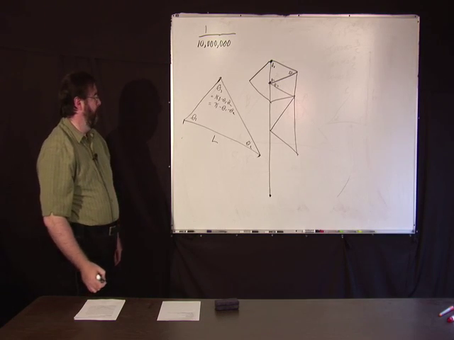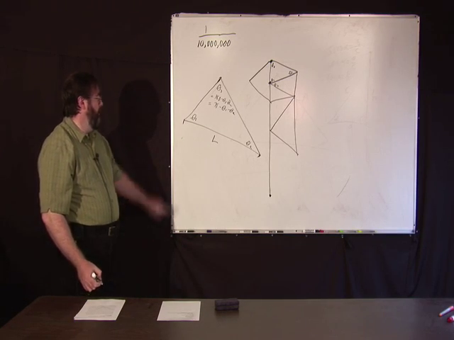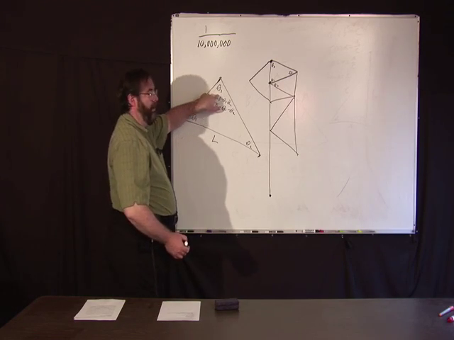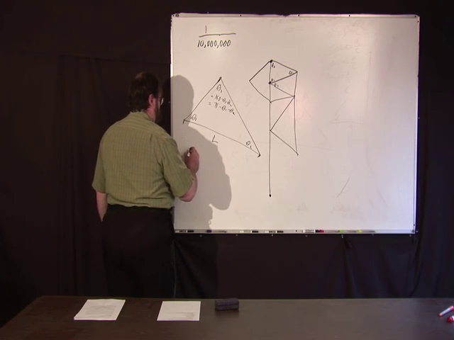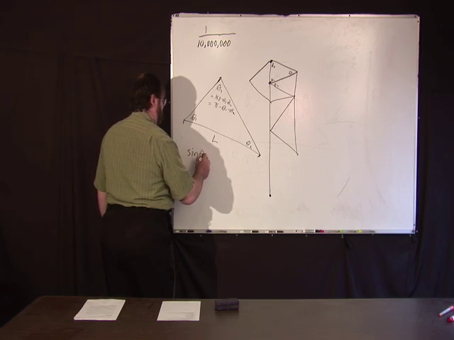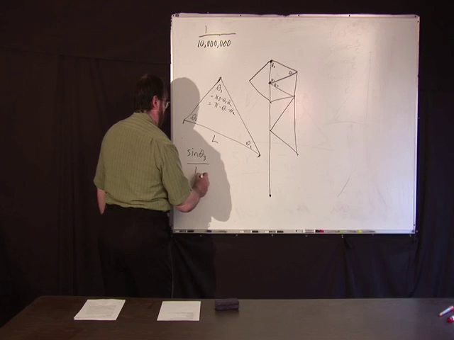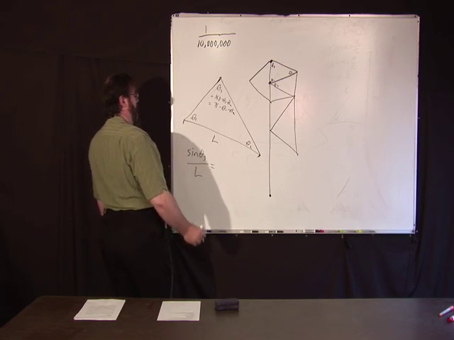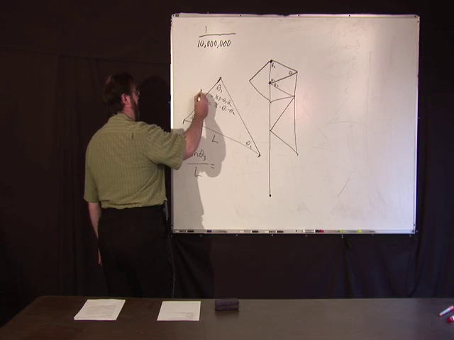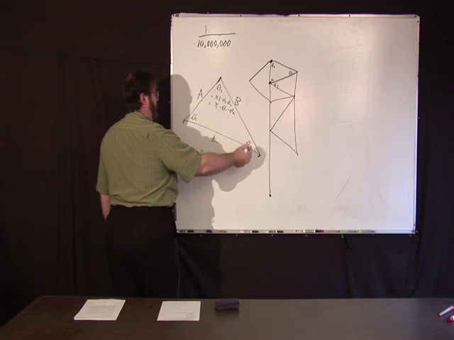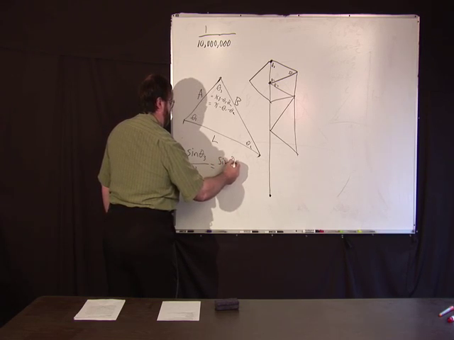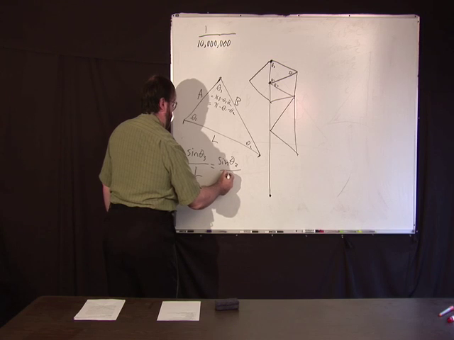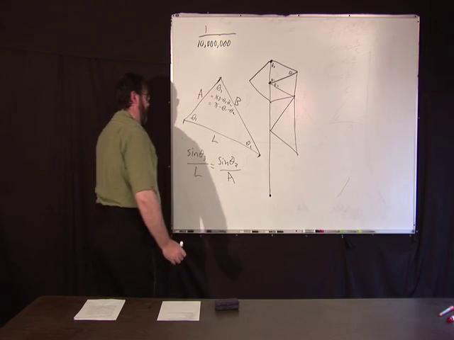Okay. So we know this angle. So we know sine theta 3 over L is equal to, let's call this side A and this side B just for fun, sine theta 2 over A. Okay?